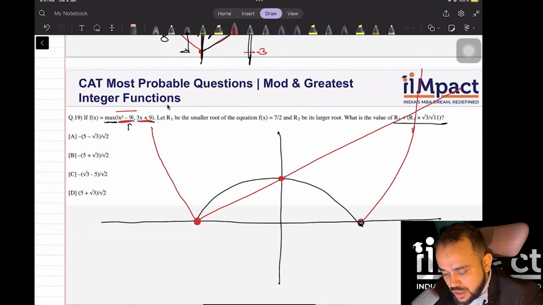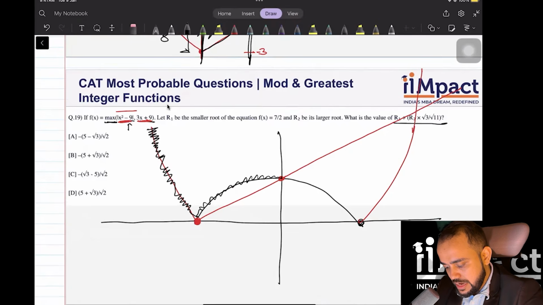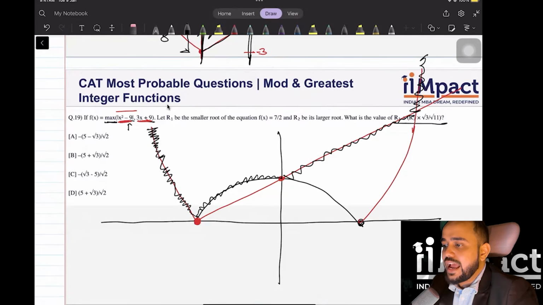So the actual f(x) graph, because it's the max of these two, is this, part of f(x). Then it will shift to this, and then it will shift to this, and then it will shift back to the quadratic. So this zigzag line is what we are looking for.